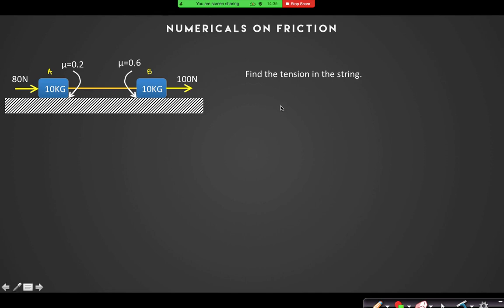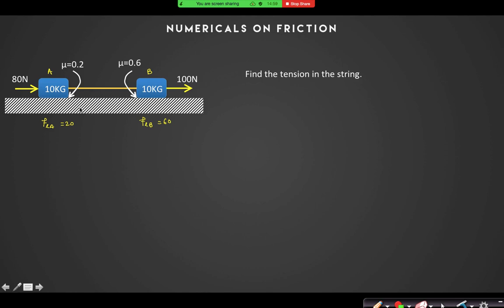Look, whenever you are doing this type of question, first I have to check whether the system can move or not. If the net force is 180 and the limiting friction for A is 20 and limiting friction for B is 60, then 180 can overcome the 80 Newton force.